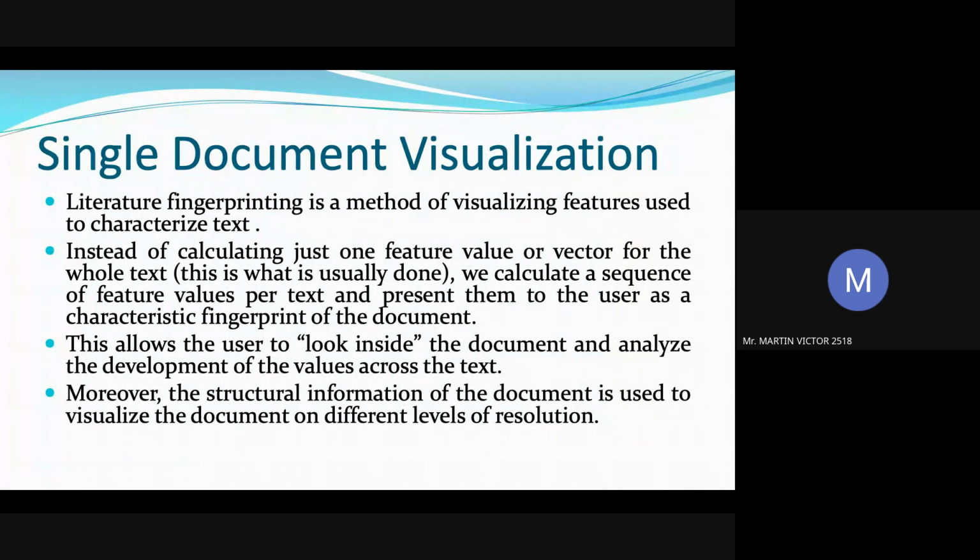Now, if the fingerprints are highly similar, then it indicates that they likely cover related topics. So this literature fingerprinting is useful to identify the patterns or the trends in that particular document, and it can also be used for various documents.